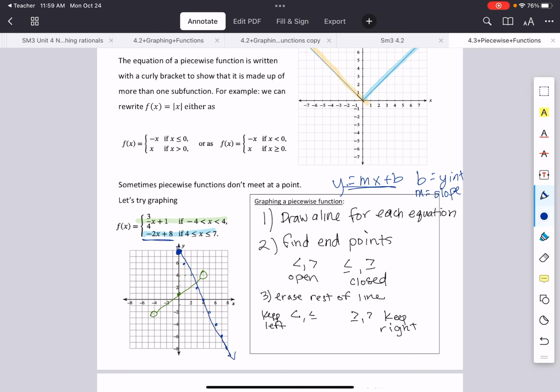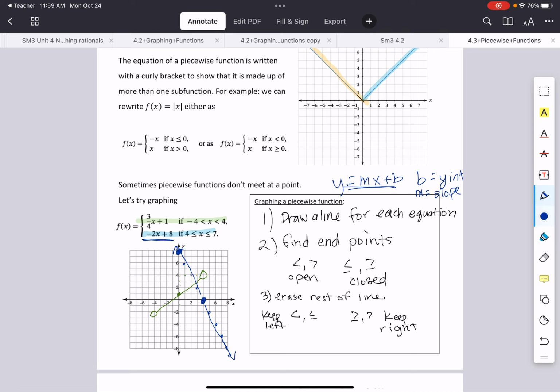Okay, so we drew our graph. Now we need to find our endpoints. What are our endpoints? Four is a closed circle.